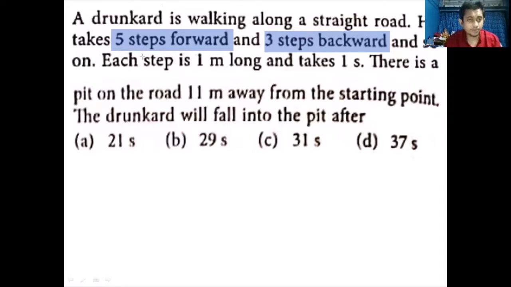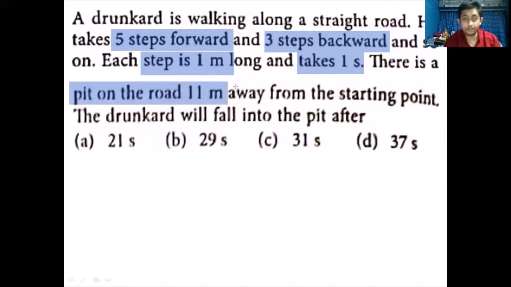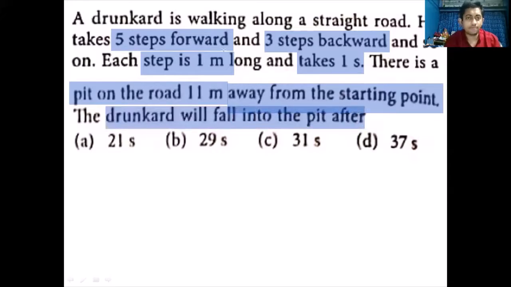For taking one step, he takes 1 second, and the length of every step is 1 meter. Now there is a pit, a hole on the road 11 meters away from the starting point of the drunkard. The question asks: the drunkard will fall into the pit after how much time?